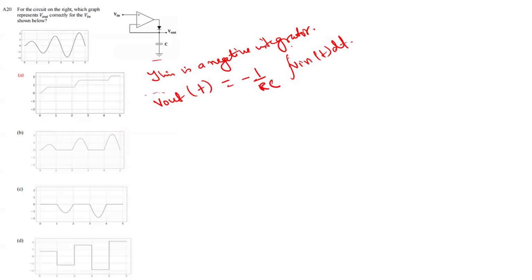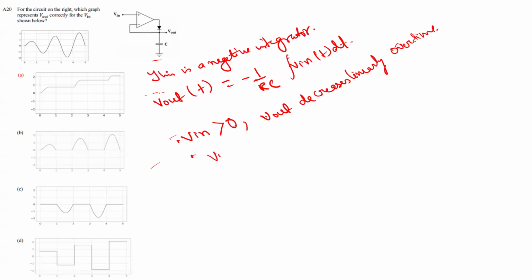Right, this means that if V in is greater than 0, then V out decreases linearly with time.